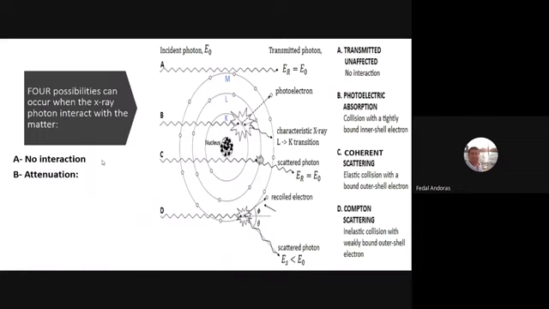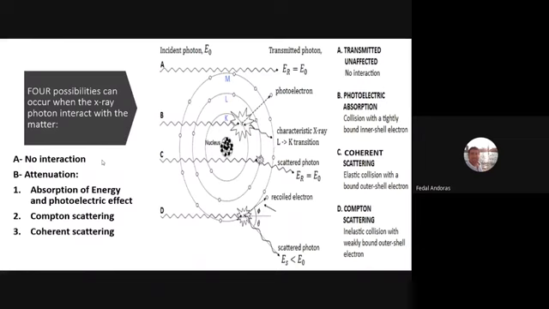Two, it's attenuation. We talked about three types of attenuation. So attenuation: absorption of energy, Compton scattering, and coherent scattering. So here, look, we set four possibilities. So it is no interaction, one, two, absorption, Compton scattering, and coherent scattering.